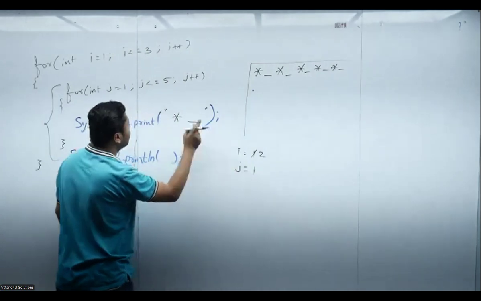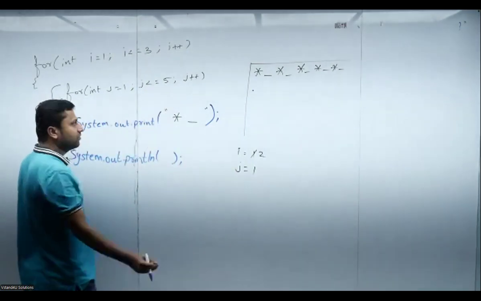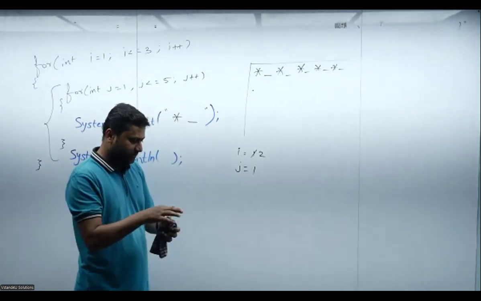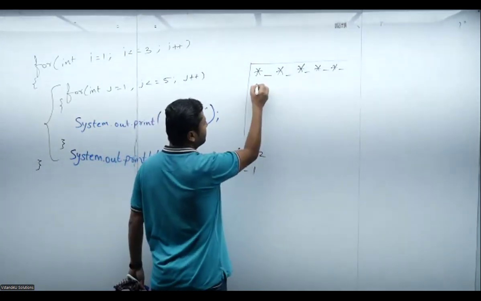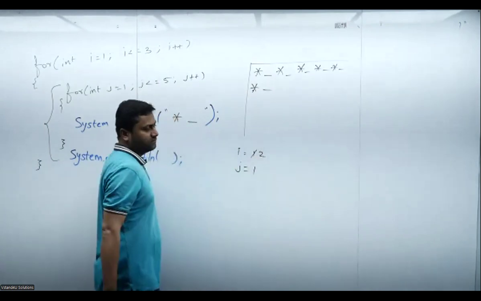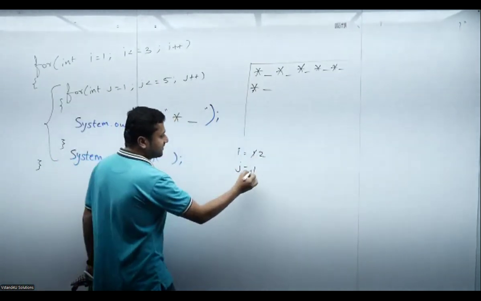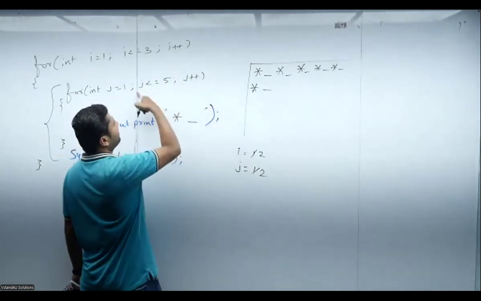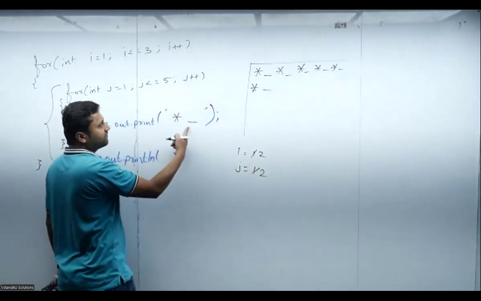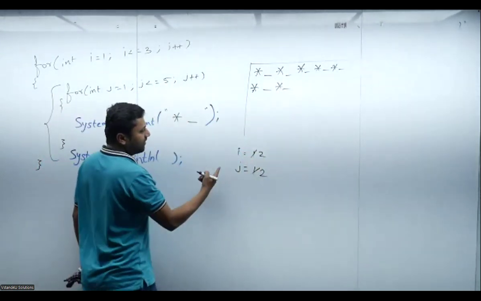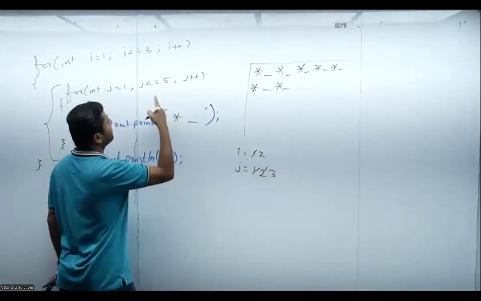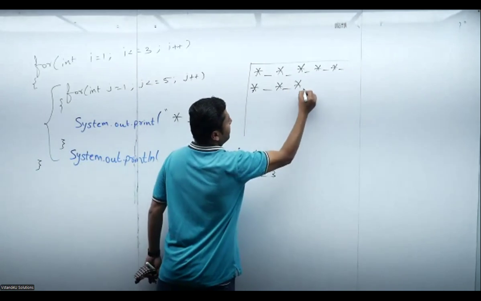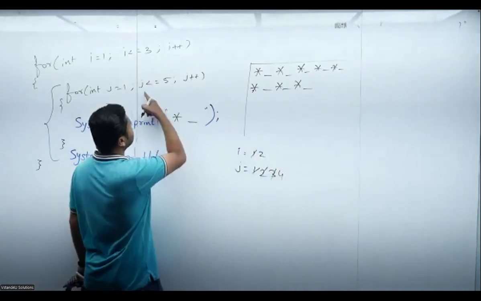Agree. 1 is less than or equal to 5, condition true. Then you will tell it to print star. Okay, sir. At this new line. Done. And can I say then j will be incremented? Agree. Then 2 is less than or equal to 5, condition true. Print. Done. Then j will be incremented to 3. 3 is less than or equal to 5, then done.